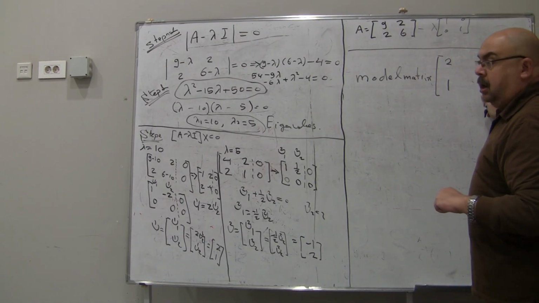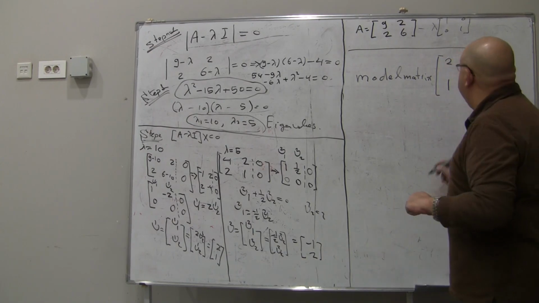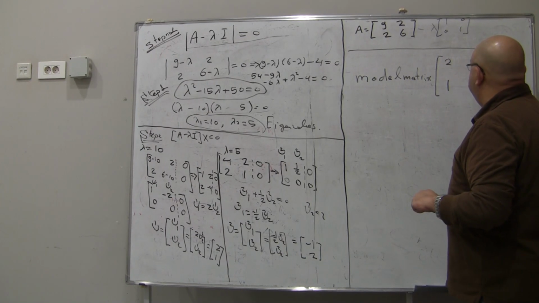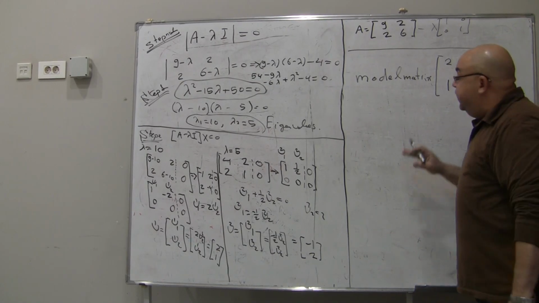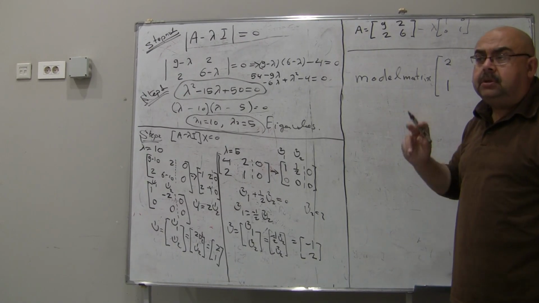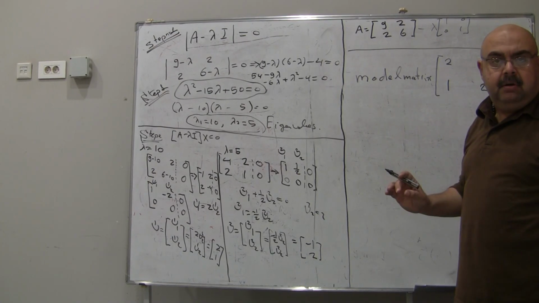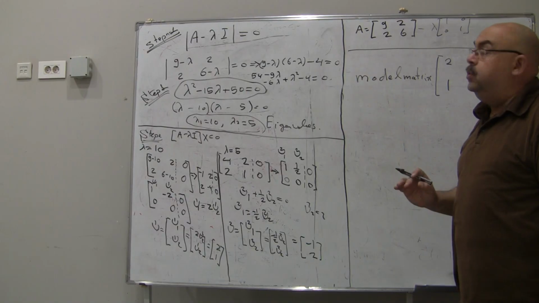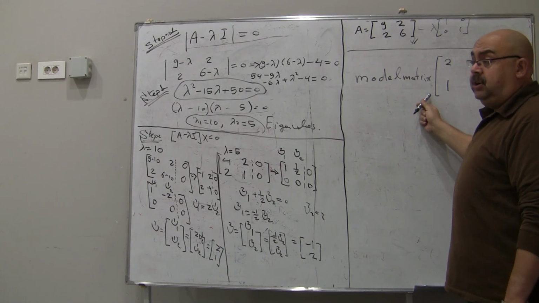And the second column is going to be the second eigenvector, which is going to be negative 1 and 2. This matrix is very important. This matrix will help you put a diagonalization for the main matrix that you will deal with. So this is the model matrix.